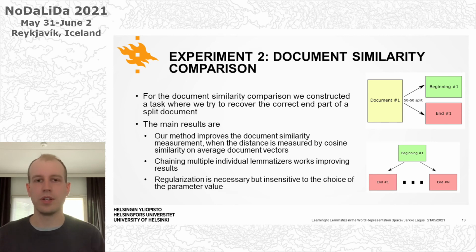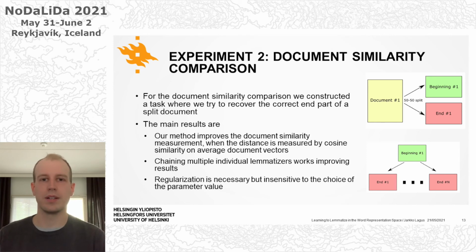We saw that chaining of these individual lemmatizers also improves the results. So if you want to lemmatize multiple word classes or word cases, you can just combine these using the regularization, and it works, improving the results. We also realized that the regularization, while it's needed, is not very sensitive to the parameter.